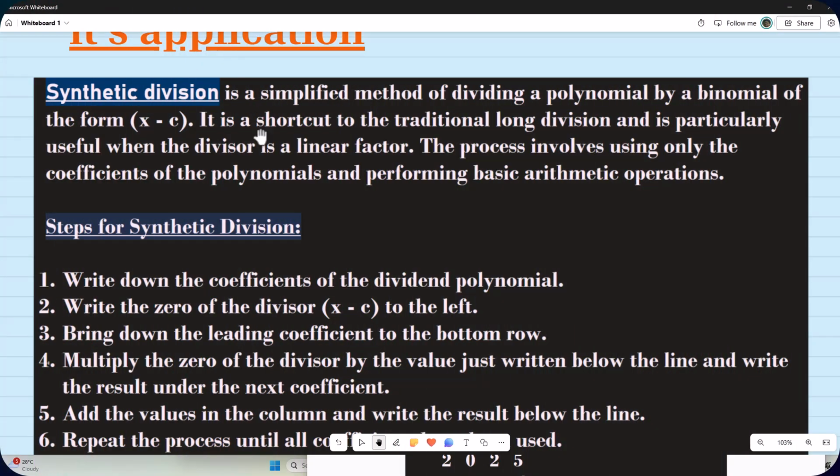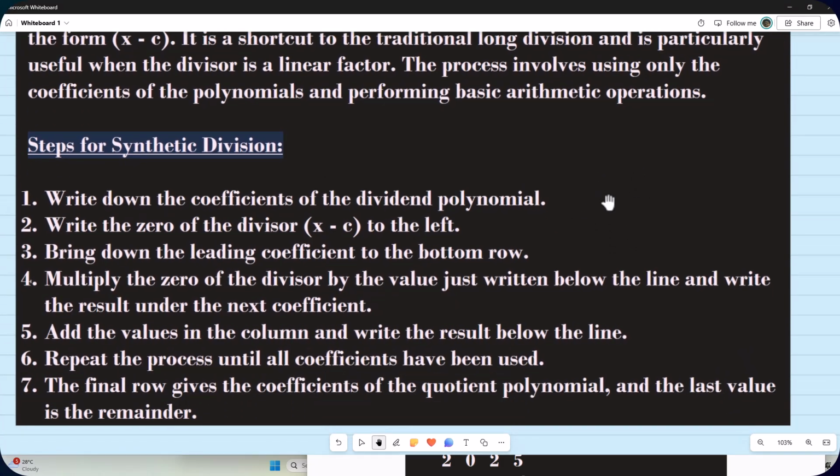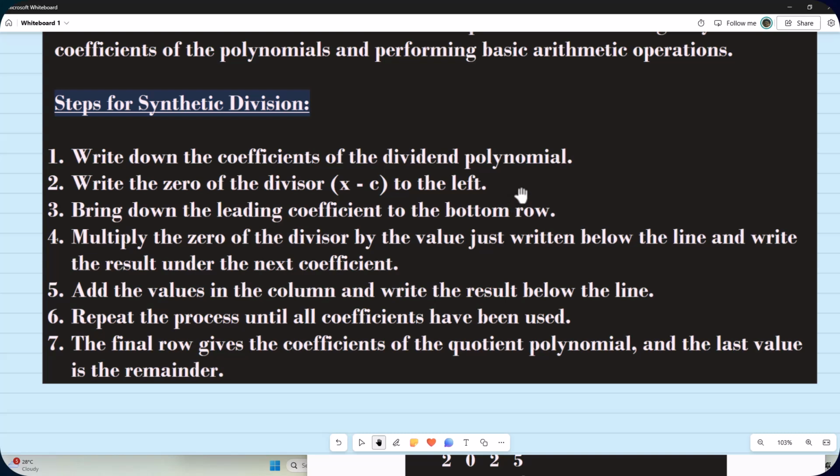Before I do a problem, I will just tell you what I was going to say so far. The steps for synthetic division: Write the coefficients of the dividend polynomial. Dividend means the polynomial which you are going to divide by another one. Write the 0 of the divisor, x minus c, it has 0, x equal to c, at the left.